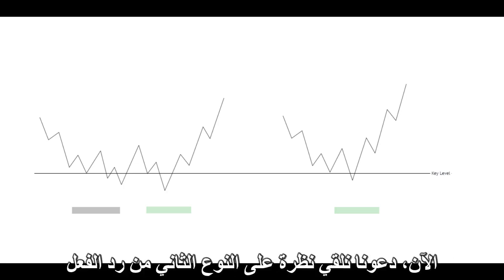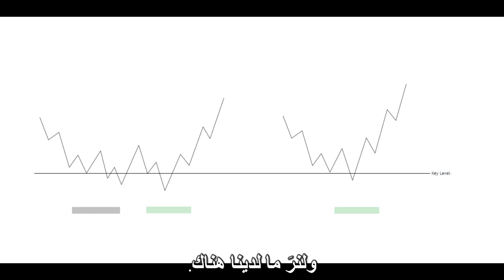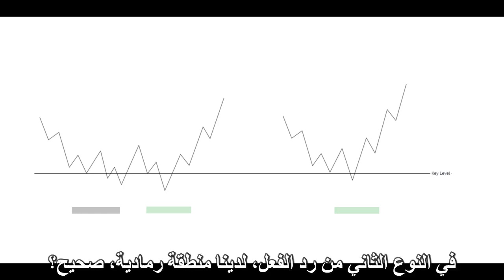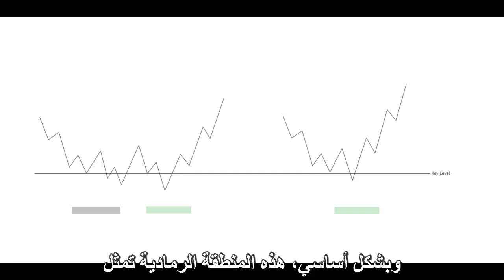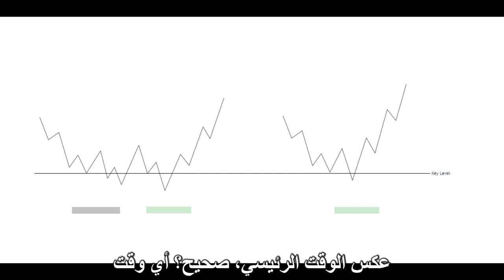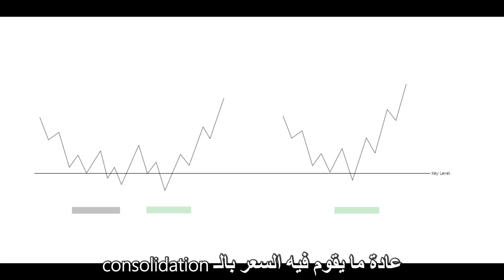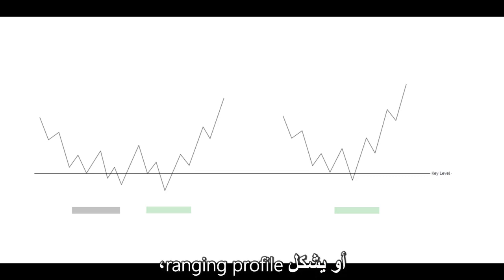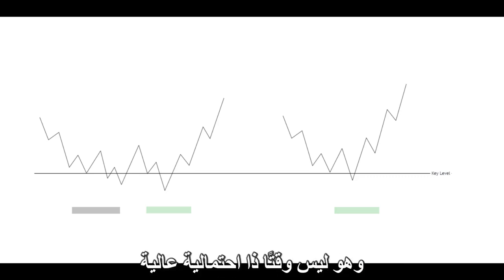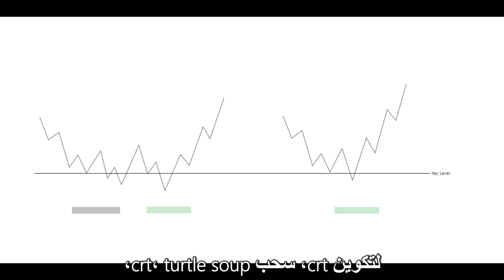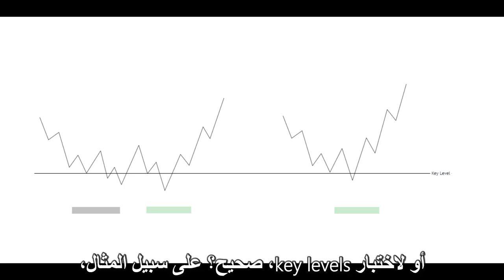Now let's look at the second type of reaction and let's see what we've got there. In the second type of reaction, we've got a gray area, right? And basically this gray area represents the opposite of a key time, right? Meaning a time where price usually just consolidates or forms a ranging profile, and it isn't a high probability time for CRT formation, CRT purges, turtle soup, or for testing key levels, right?